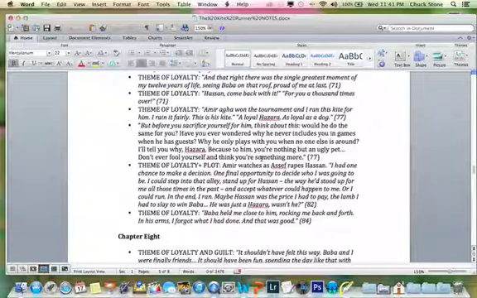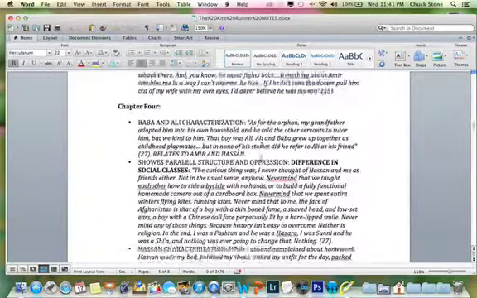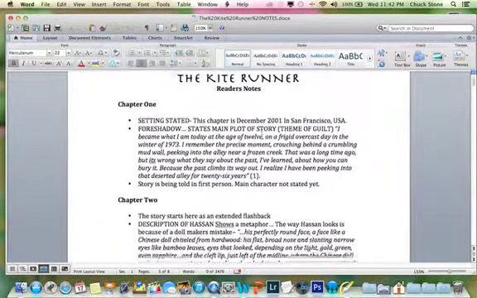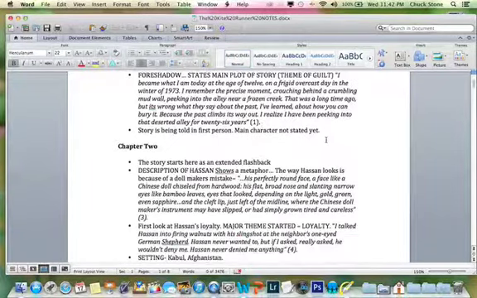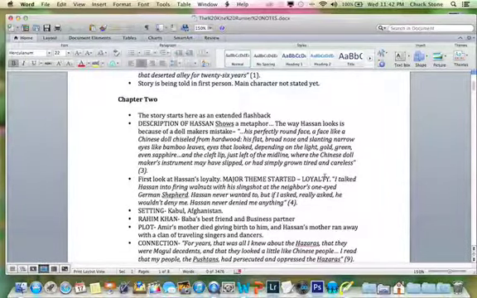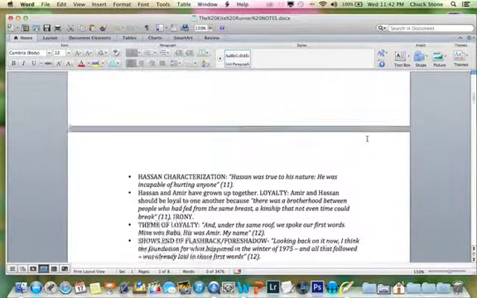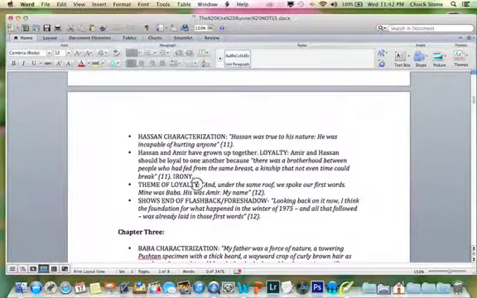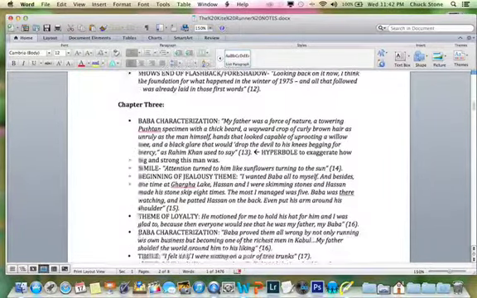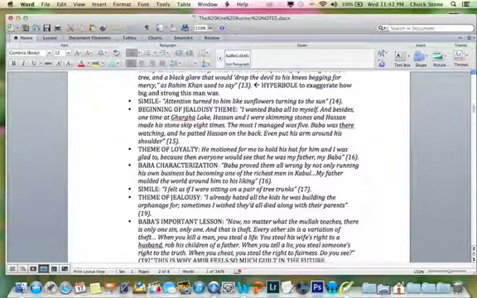And as we go through it, let me run back up here. Let me see the idea of theme slash motif, the theme of loyalty.